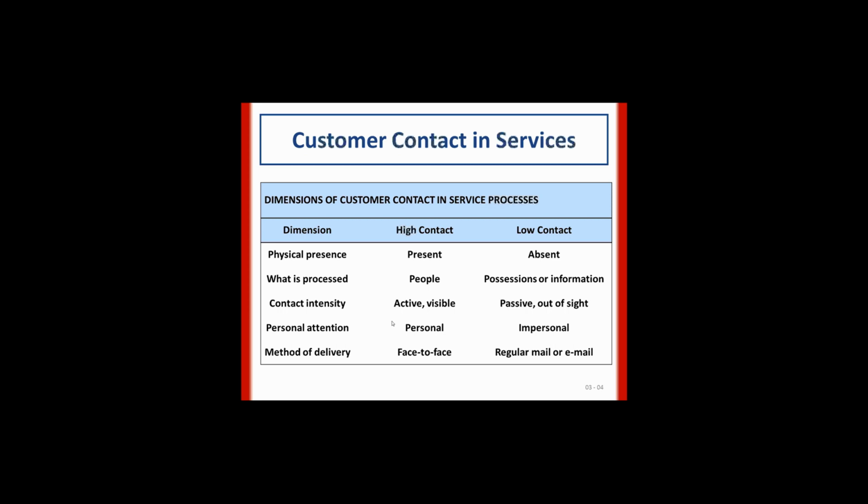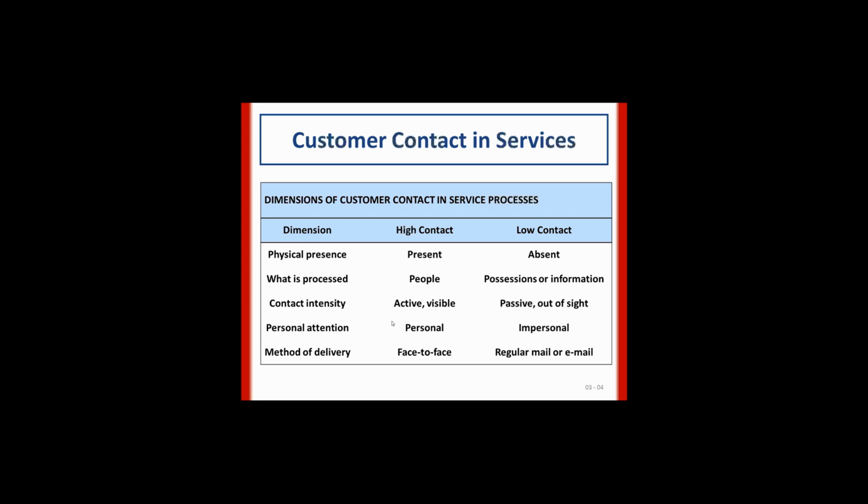Dimension 2 is whether the process is directed at people or materials, thus how active the customer is in the process. The customer can be either active or passive.